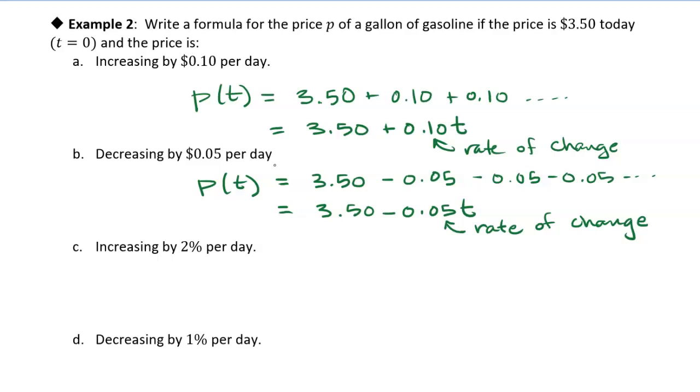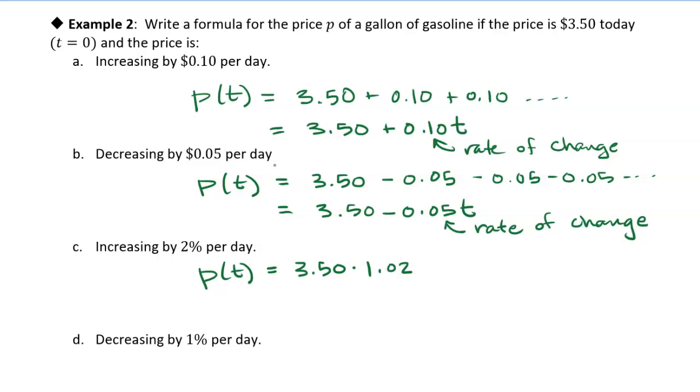All right, so now these next two parts, we have the gas again, $3.50 today, but it's increasing by 2% per day. So we can think of the price at t as being, okay, it's $3.50 now. So tomorrow it's going to be 3.50 times 1.02. That's how we can add 2%. That's our growth factor.